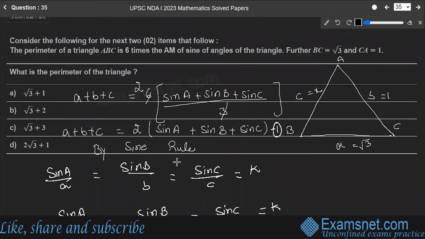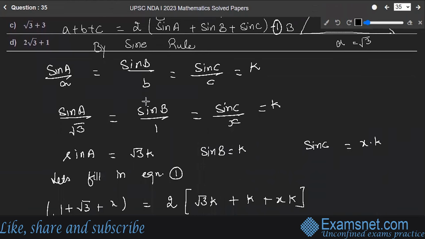See what we did in the question. I'm explaining it once again. You were given that the perimeter of the triangle was 6 times the AM of the sine of the angles. So I wrote that the perimeter A plus B plus C is equal to 6 times sine A plus sine B plus sine C. Now using the sine rule, I got that sine A is equal to root 3 k, sine B is equal to k, sine C is equal to x into k.